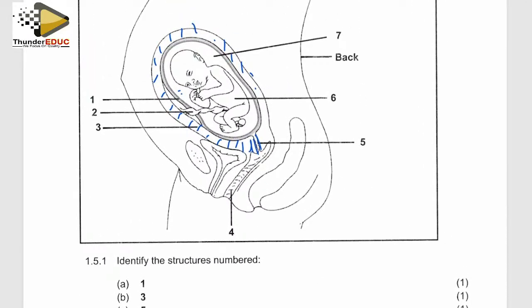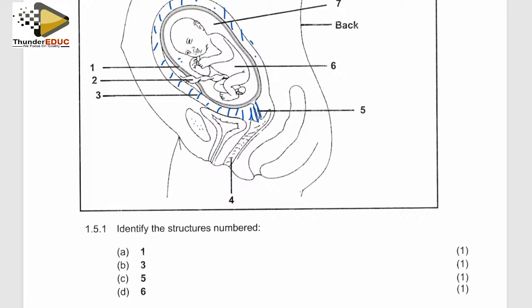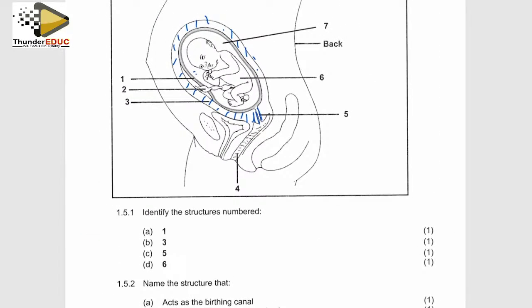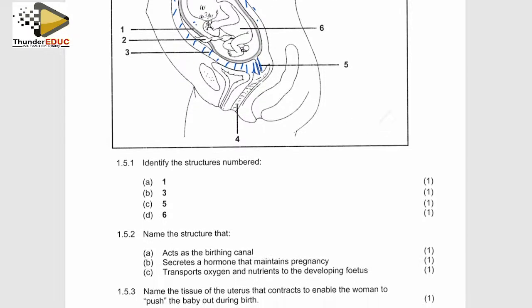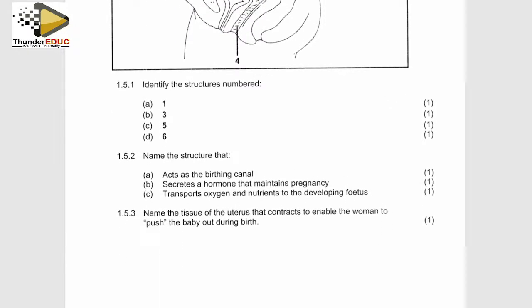Is this an embryo? It looks to be old enough, so I don't think that is an embryo. It will depend on the marking line after discussion, but it's better to call it a fetus because after 12 weeks, this person looks to be old. Yeah, so it's better to say fetus. If you wrote embryo, then it will depend on the discussion which will be done.